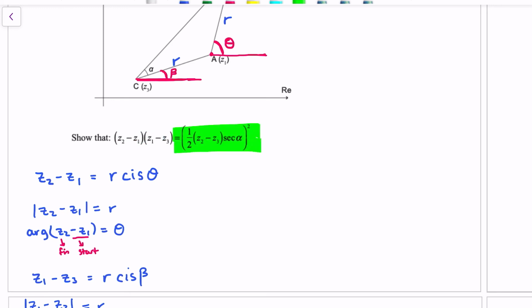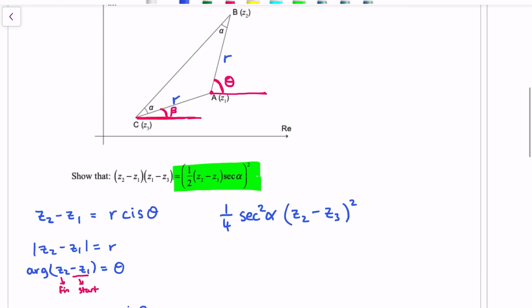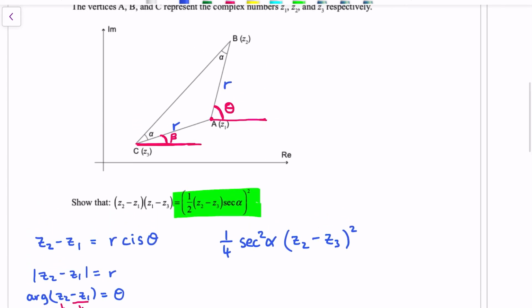We've still got a complex number in there. A half is a number, sec alpha is a constant as well, but Z2 minus Z3 is a complex number. So we've got a half squared, a quarter. We've got sec alpha squared, which is sec squared alpha, and then we've got Z2 minus Z3 all squared. So Z2 minus Z3, so this is a complex number too.